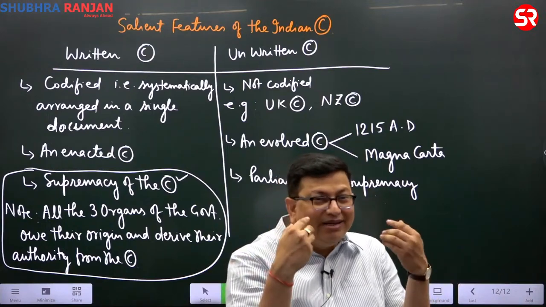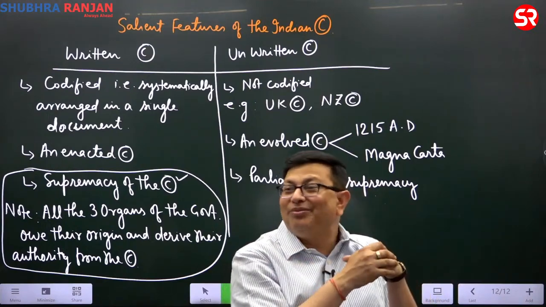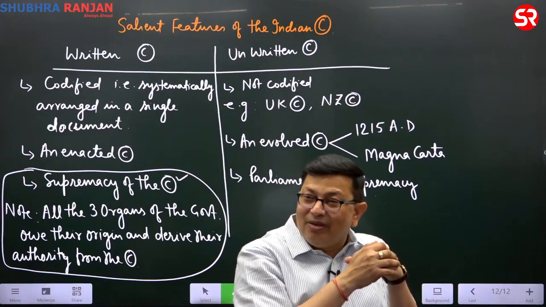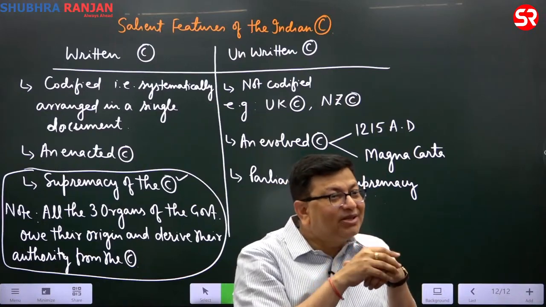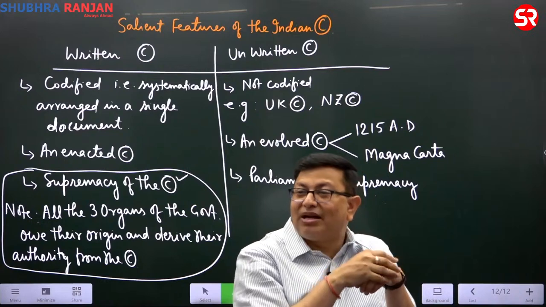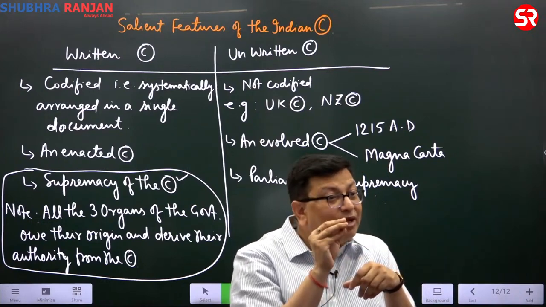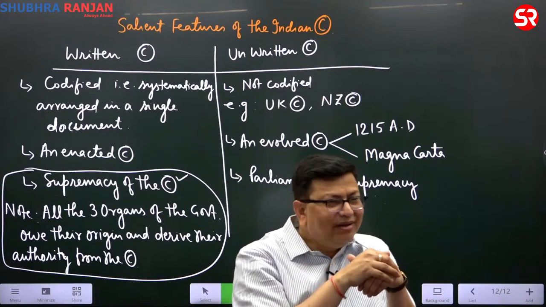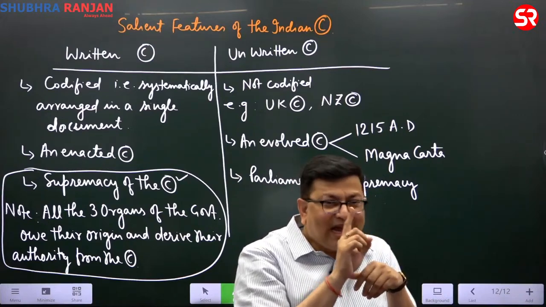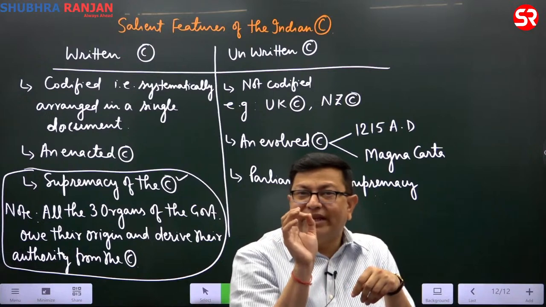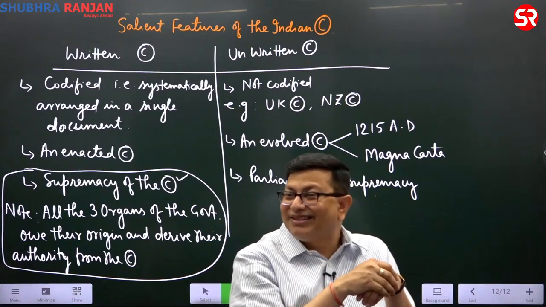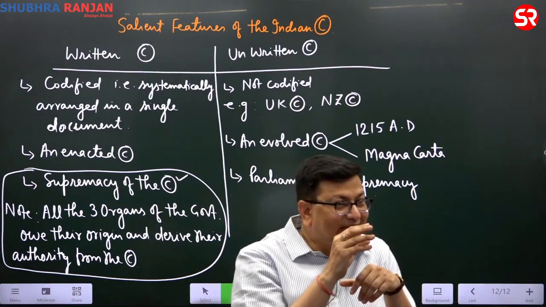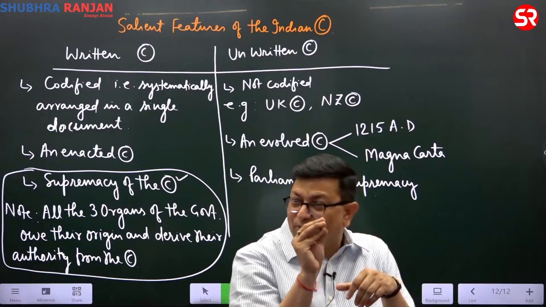So the Parliament became supreme. And when we talk about the supremacy of the British Parliament, it can make laws on any subject, and it can change an existing law by a very simple process. This is the parliamentary supremacy.